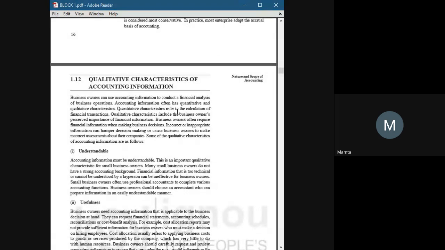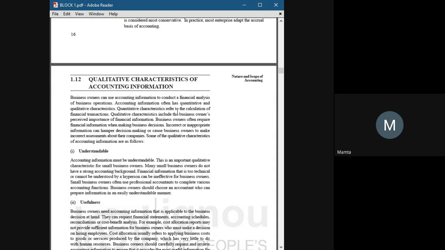Now, qualitative characteristics of accounting information. It should be understandable. Accounting information must be understandable. It must be presented easily, in pie chart forms, in table forms.